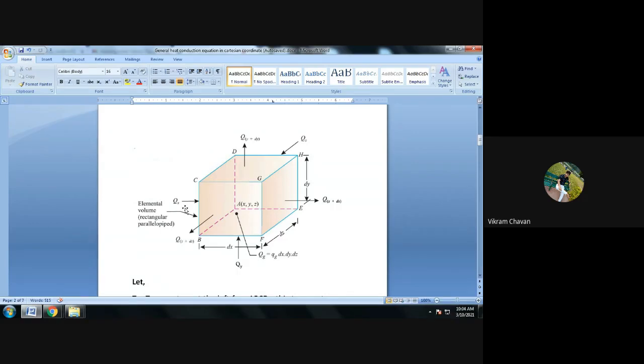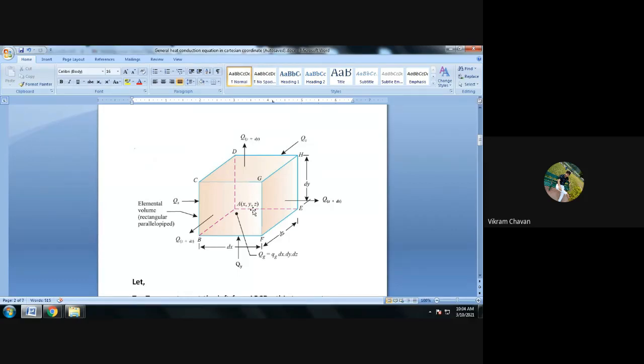Now we consider that heat is entering the parallelepiped element in the positive x direction, positive y direction, and positive z direction. If you consider this as an element of a heat generating material, let us consider the element from a heater.